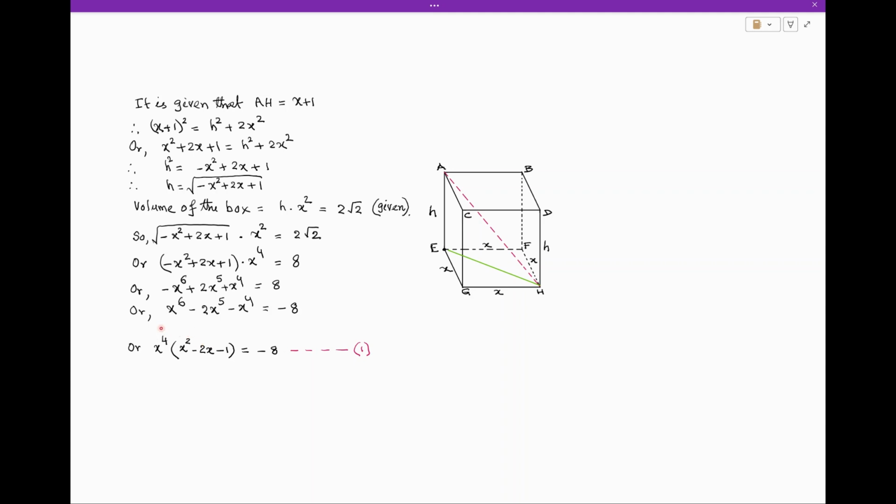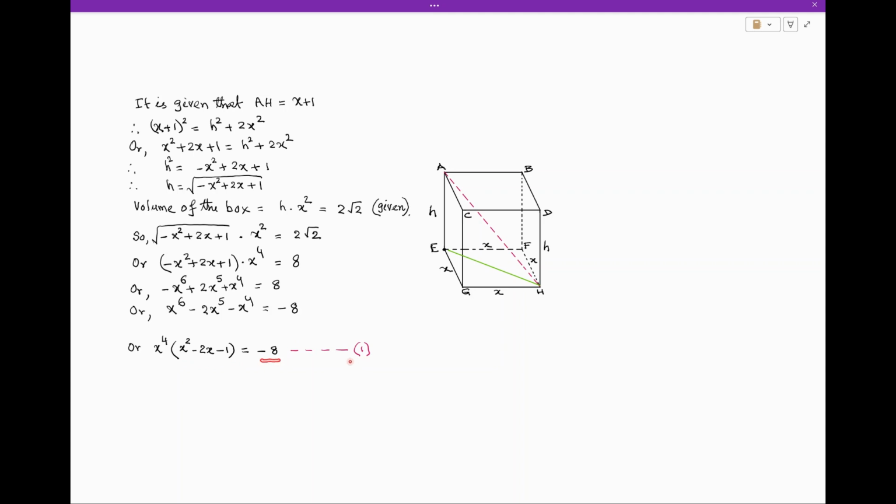Multiplying both sides with minus 1, we get x to the power of 6 minus 2x to the power of 5 minus x to the power of 4 is equal to minus 8. Now on the left hand side, if you take x to the power of 4 common, we get x to the power of 4 multiplied by x squared minus 2x minus 1 is equal to minus 8.